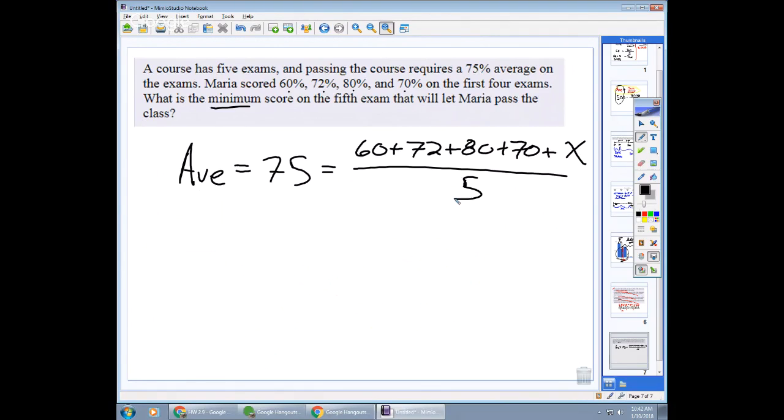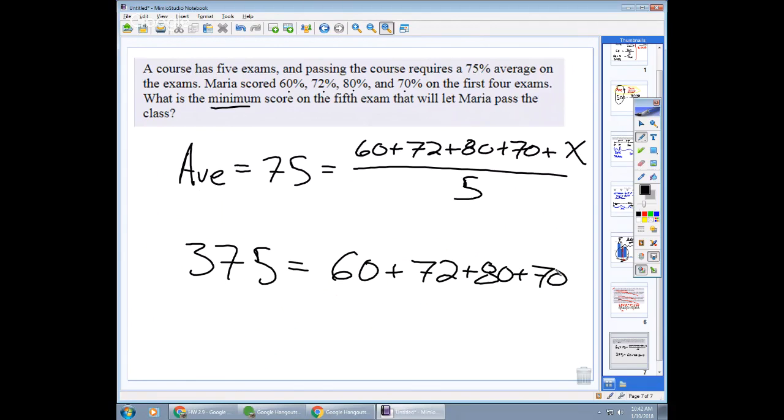Another way to think about it, what does the sum of all their test scores have to be here? 75 times 5, 375. So all of her tests together have to add up to 375. That's the 60 and the 72 and the 80 and the 70 and whatever that new unknown grade is.